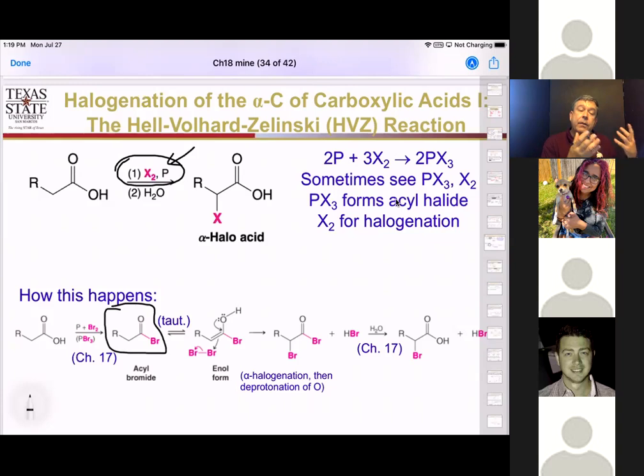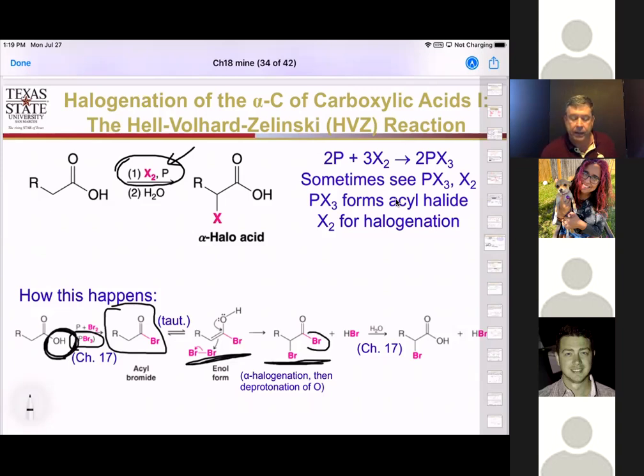In this case, the phosphorus and bromine react together to give you an intermediate that is the phosphorus tribromide, okay? Once we form that acyl bromide, that's actually our reactive species, and we can use that to form our tautomer, which will give us our enol form here, which is protonated by the acid generated by removal of this hydrogen here to give us our brominated species.